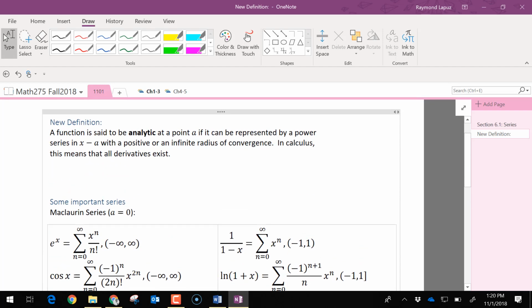All right, let's start with the definition. A function is said to be analytic, so this is new. This is something that we didn't see in Calc 2. A function is analytic if it can be represented as a power series in x equals a.